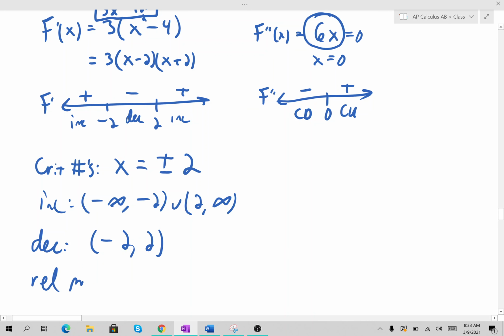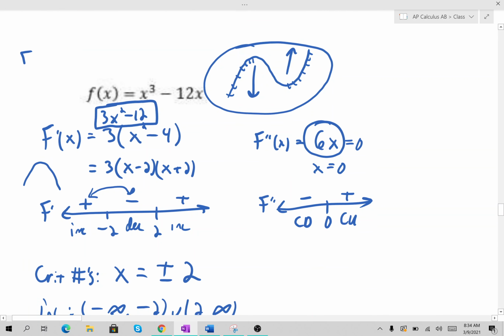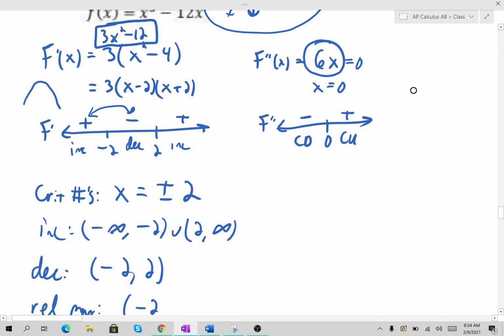We have a relative max at -2 because our first derivative is changing from positive to negative, right? That means we go up then down. If you plug -2 into this function, you get -8 plus 24, so that's 16.